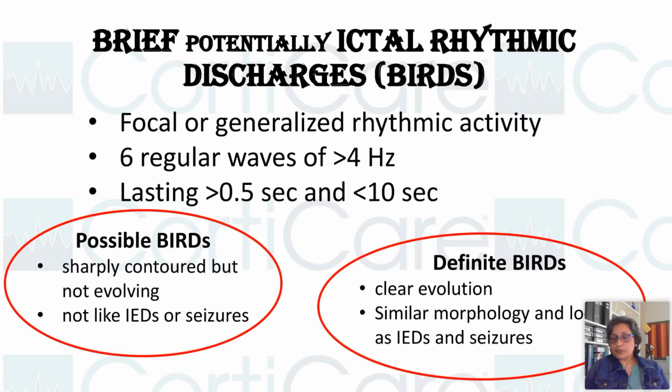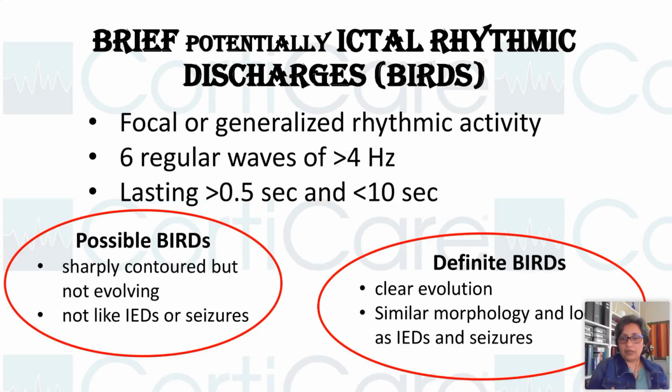Now, another term that we are using more and more for our ICU adult population is BERDS. We were using this term only for neonates 5 years ago. Again, there are two categories: possible BERDS and definite BERDS. BERDS are nothing but, the way I remember it, seizure fragments.